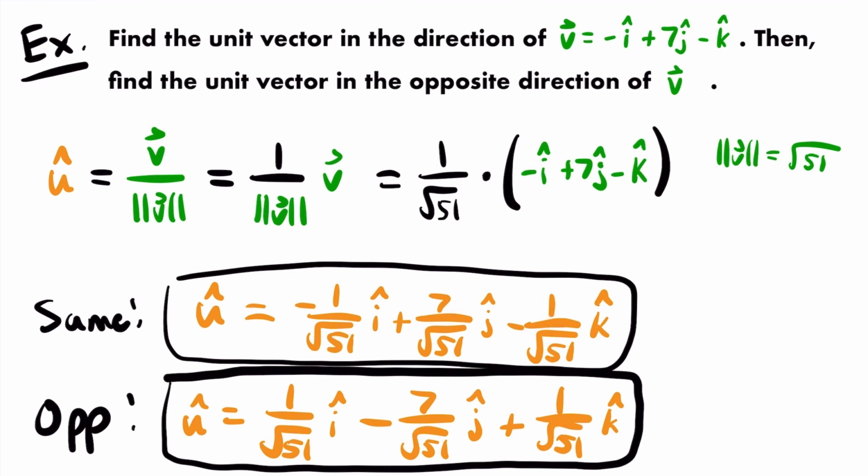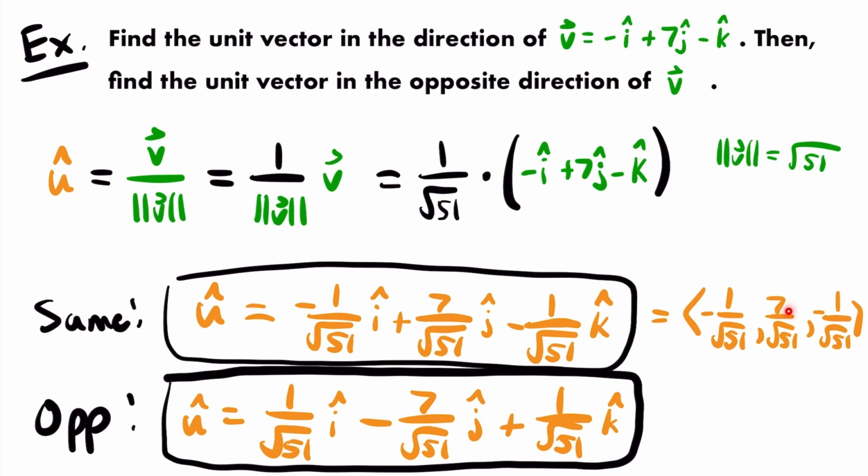Okay, and just remember that this is not the only way to represent those vectors. You could also use your regular notation and have that this is equal to -1 divided by the square root of 51, comma, 7 divided by the square root of 51, comma, -1 divided by the square root of 51, right? You just take those coefficients of i, j, and k and make them the components of your vector because that's what they are.